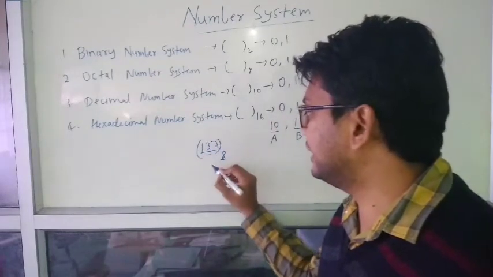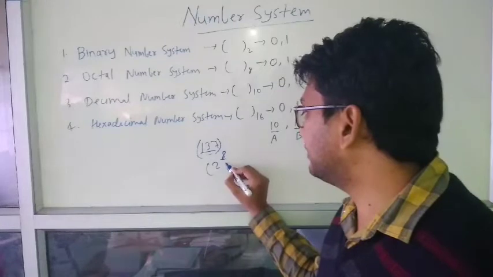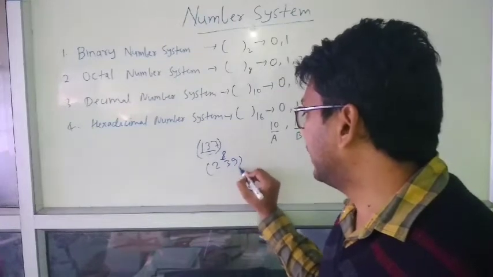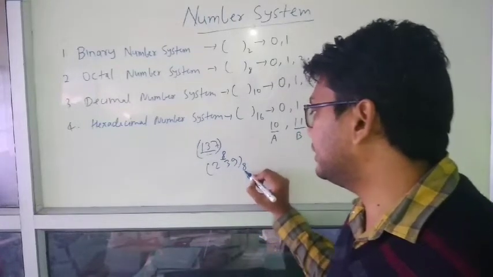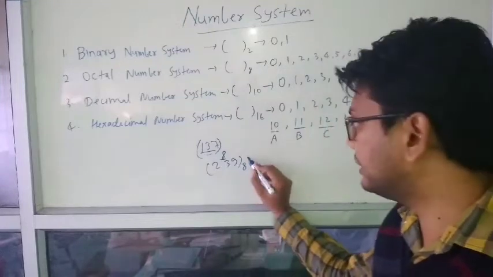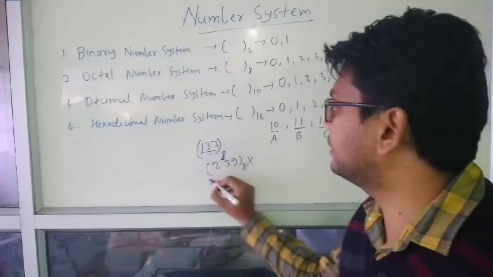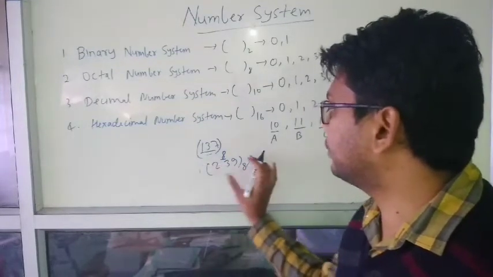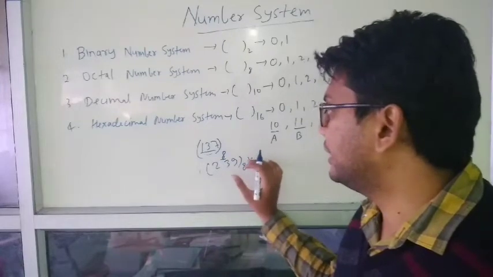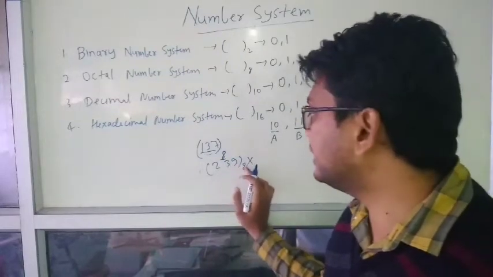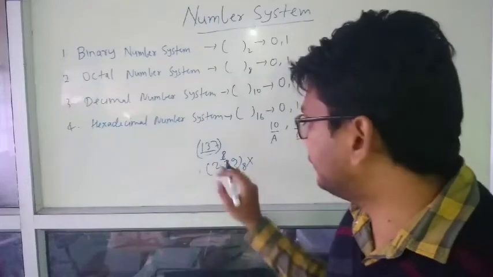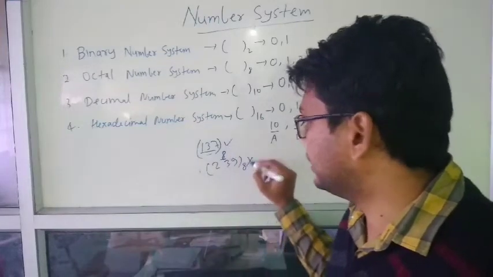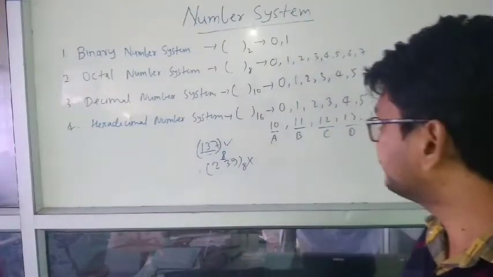But if a number like 2, 3, 9 is written with radix 8, it is wrong. If this information is given to you, it means it is wrong, because in radix 8 the digits lie between 0 and 7, so this one is true and that one is wrong.